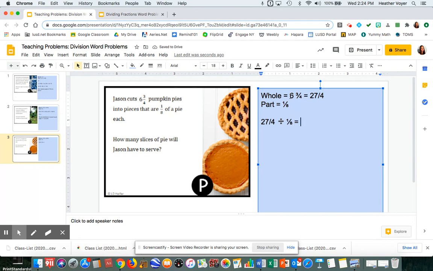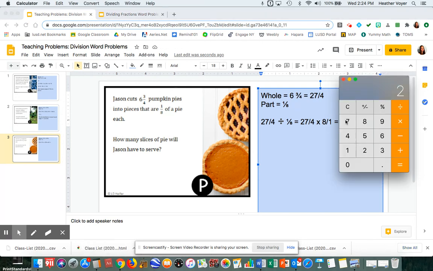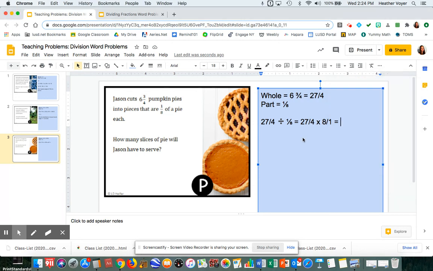All right, and then we keep it, change it, flip it. So 27/4 times 8/1. So now let's work that out. So I'm going to pull up my calculator again to multiply 27 times 8. So 27 times 8 is 216. So I get 216 over 1 times 4 is 4.